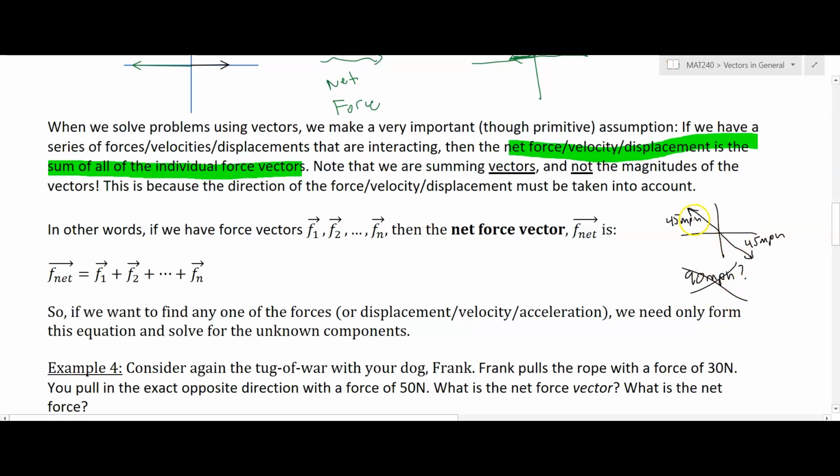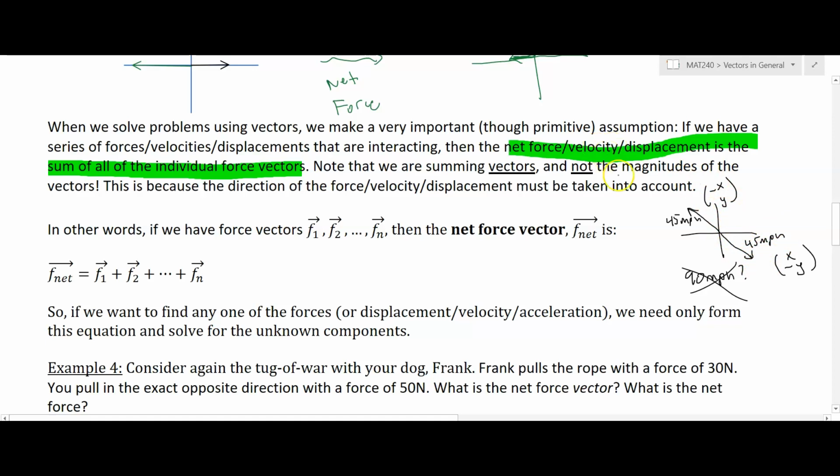So in fact, these two vectors, if you added them together, let's just suppose that this one has a positive x and a positive y. This will have a positive x and a negative y. And when you add those together, you should get a 0 net force. Oh, sorry, this has a negative x and a positive y. So whatever this component is, negative x, positive y, this will be the same vector that's going in exactly the opposite direction, but a positive x and a negative y. And when you add those two vectors together, you're going to get 0, which makes sense because the two winds cancel each other out.